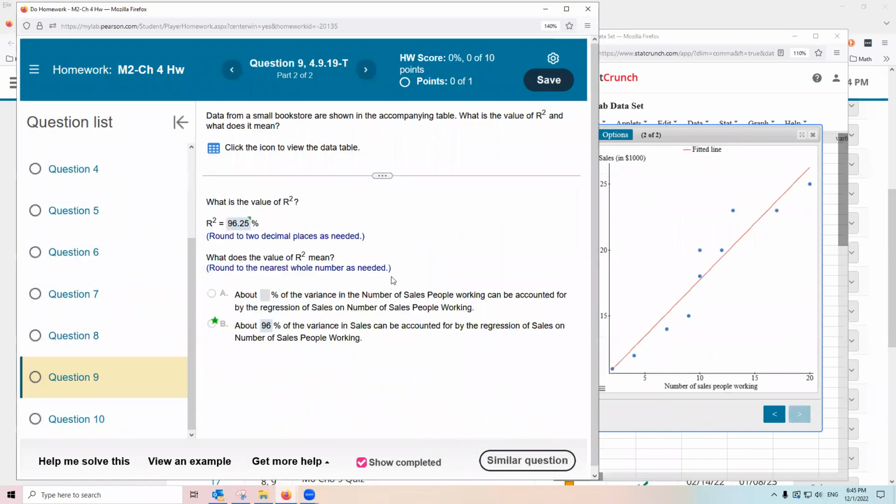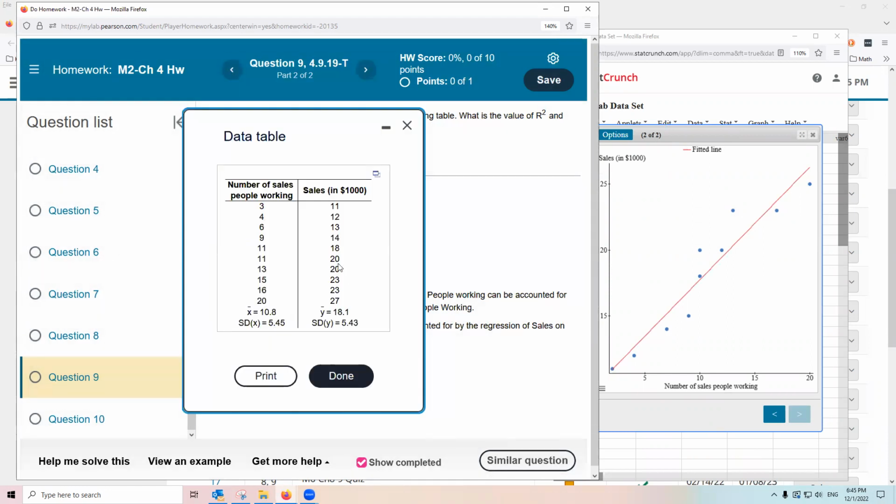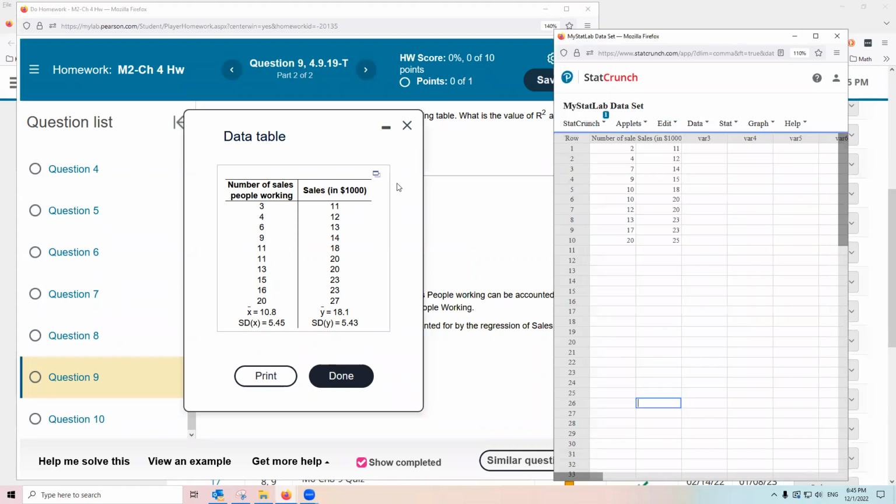All right, folks, let me do one more example. Here they're going to give me a data table on a bookstore. This is the same kind of data we were just looking at, number of salespeople working and the corresponding sales in 1,000. So I'm going to open this up in StatCrunch so we can start looking at it.